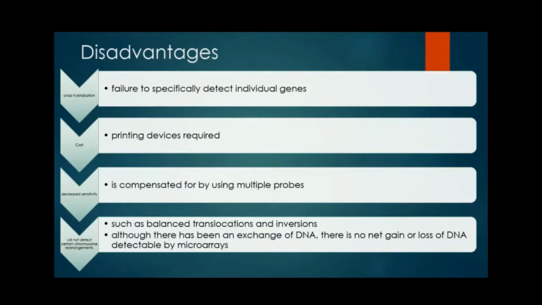So let's go on to the disadvantages now. There are 4 disadvantages. The first one would be cross hybridization. Second would be the cost. The third would be decreased sensitivity, and last but not least, microarray analysis will not detect certain chromosome rearrangements. Let me explain a bit about cross hybridization first.